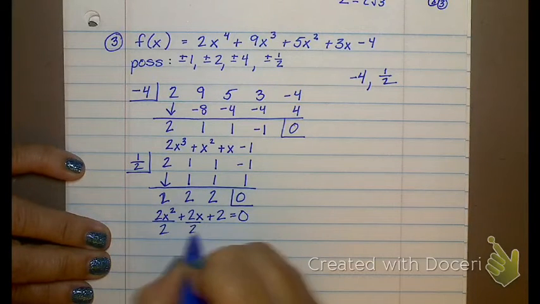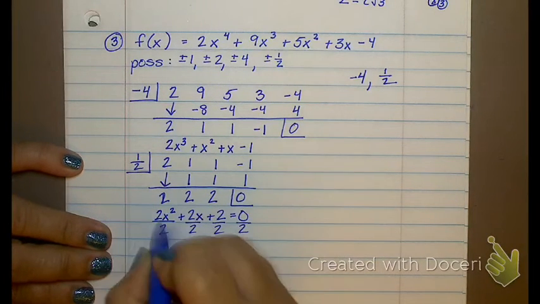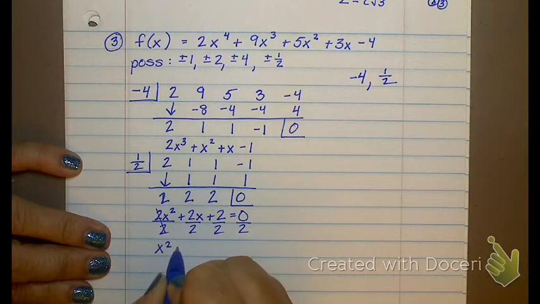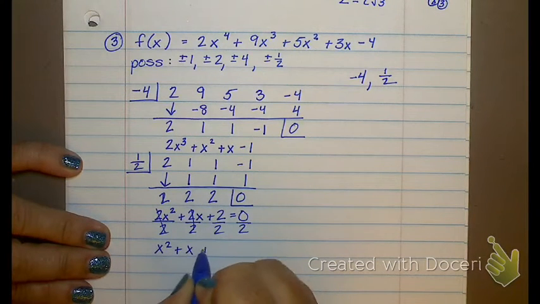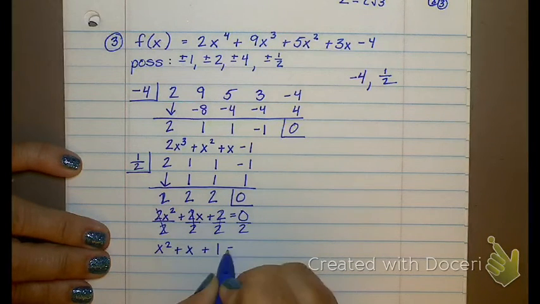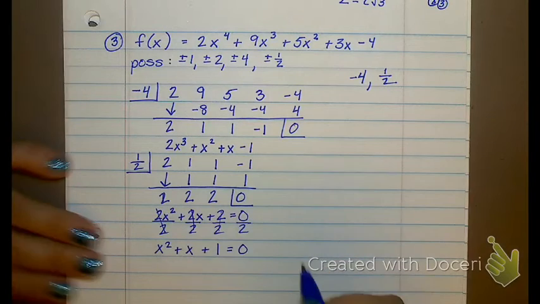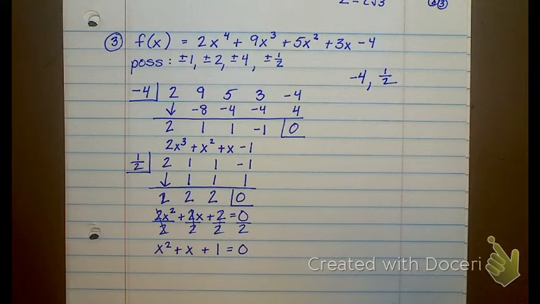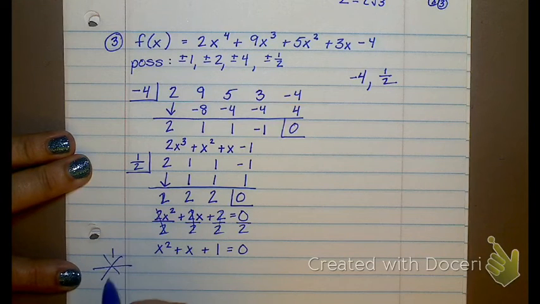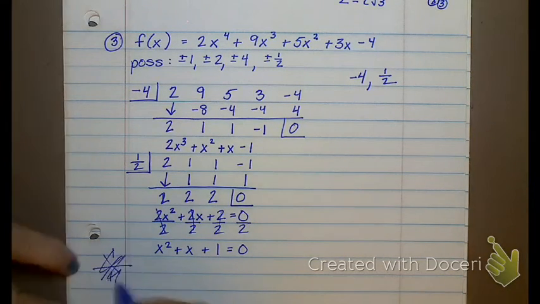That way it just disappears. That gives me x squared plus x plus 1 equals 0. Can I factor that? Are there two numbers that will multiply to get 1 and add to get 1 also? No. So I'm going to have to use the quadratic formula.